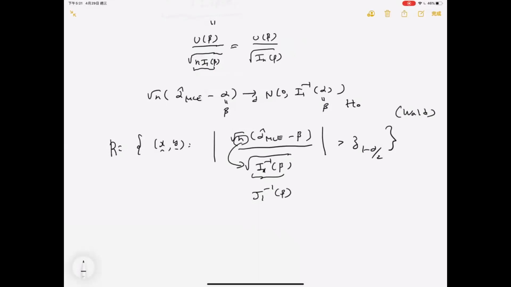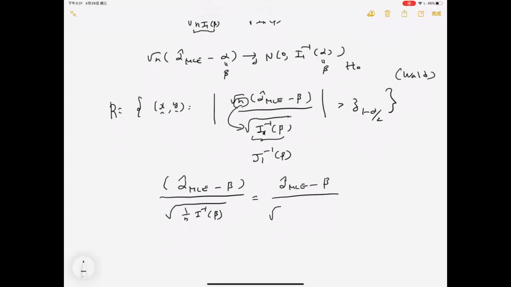People would write it as so. You would put n down, become I1 inverse, then beta, for example. You put root n down, right? So alpha hat MLE, then minus beta.